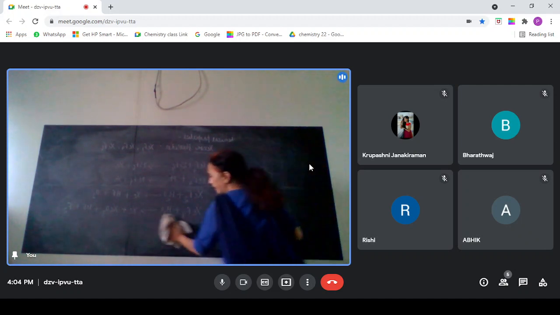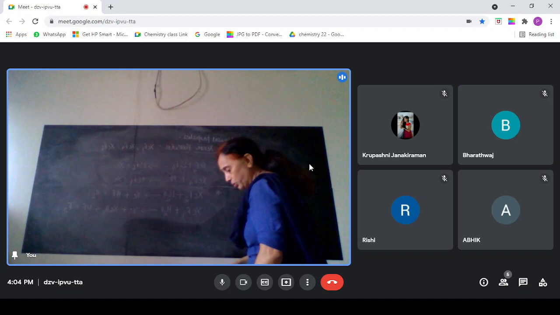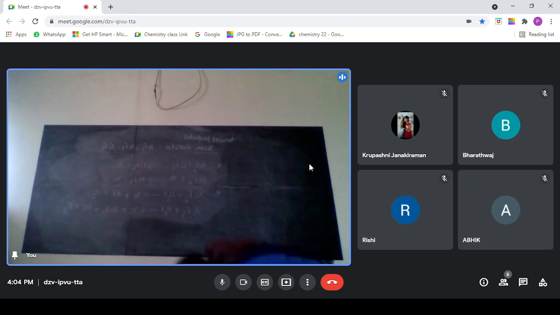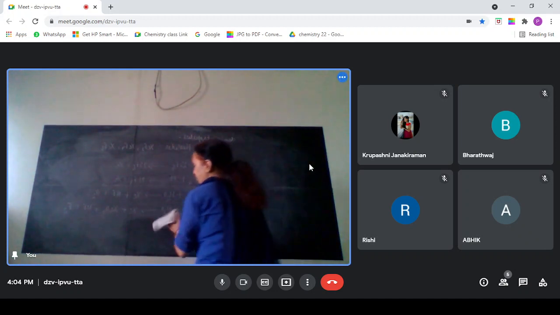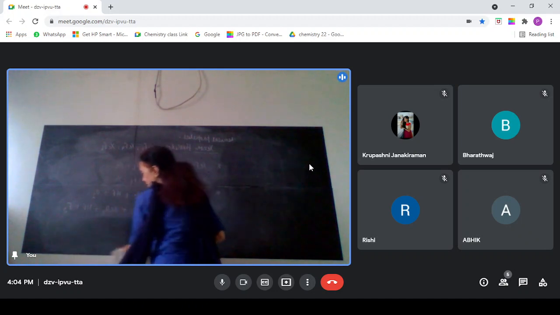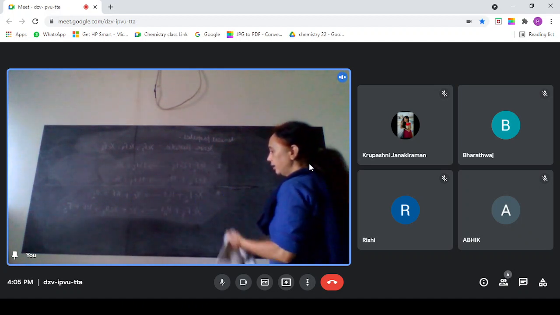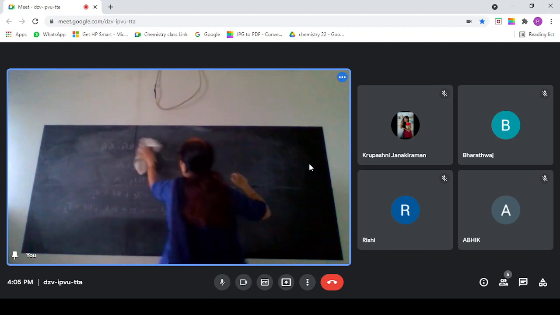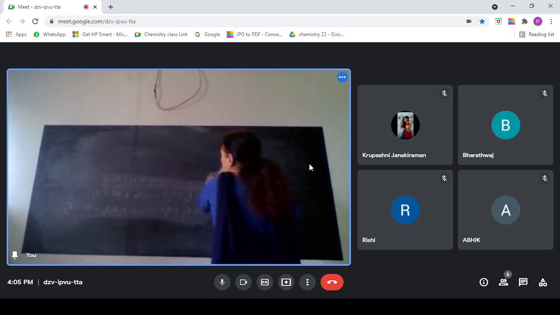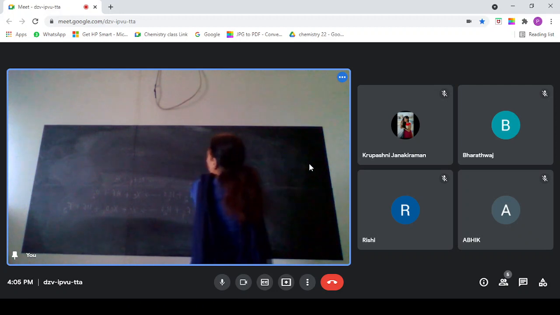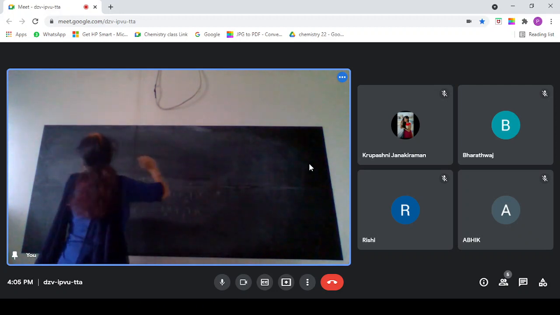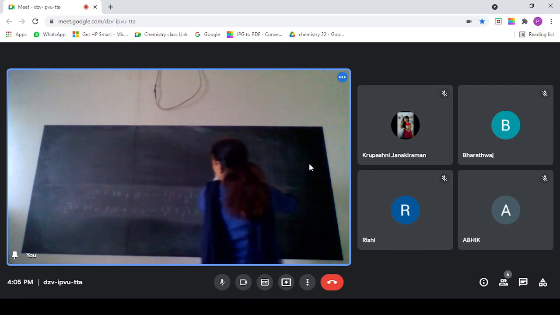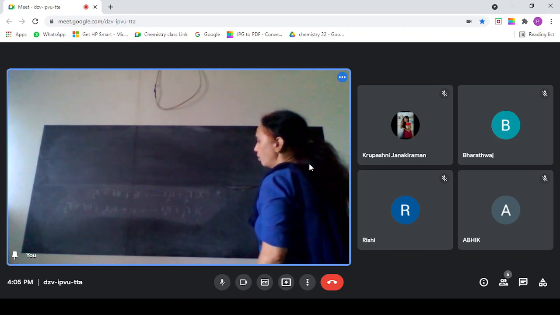Because I need you people to see the board, I need to write the structures for very important xenon structures. I need the board neatly.